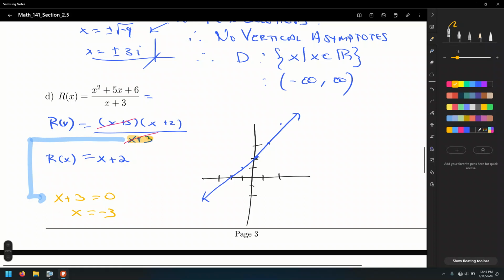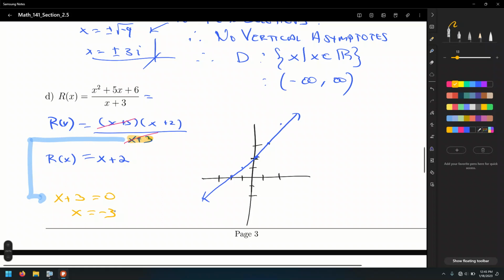If we did the usual process, we would think that there would be a vertical asymptote here at x equals negative 3. However, it's not a vertical asymptote, because the graphing calculator is not showing graphs before and after some particular value of x. It's just showing us a linear function.